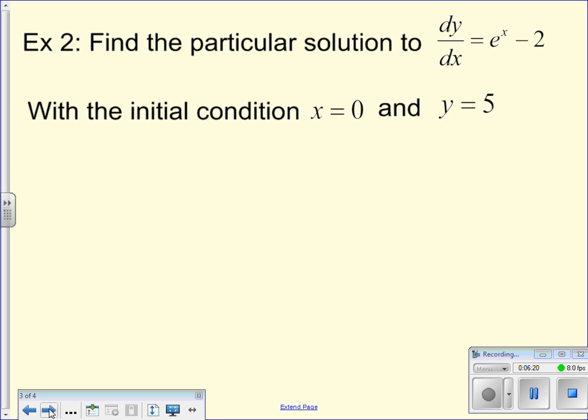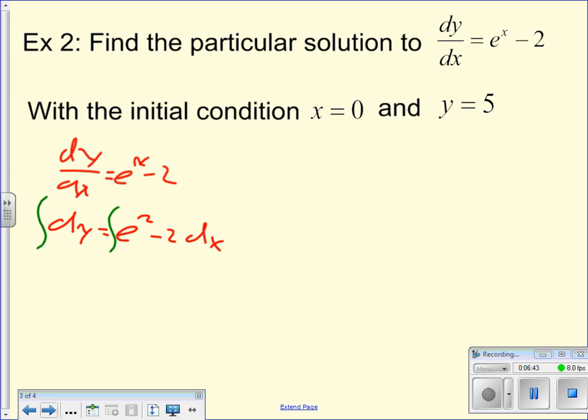So we need to find that one. Well, to find that one, you start out the exact same way we did the other one. dy/dx equals e to the x minus 2. Multiply both sides by dx, get your y's on one side, x's on the other. And then take the integral of both sides. y equals the antiderivative of e to the x, not e squared.